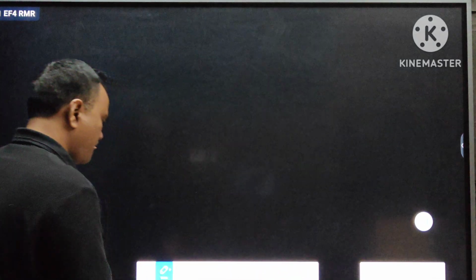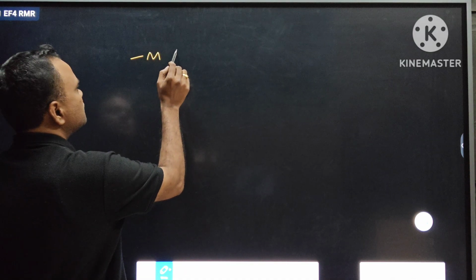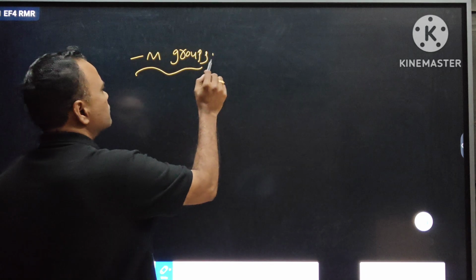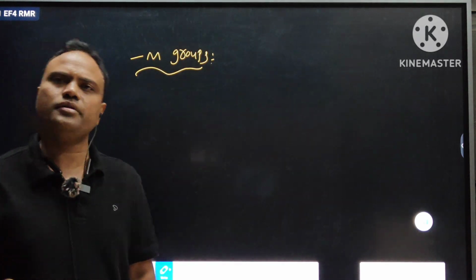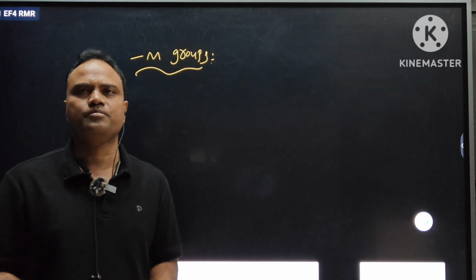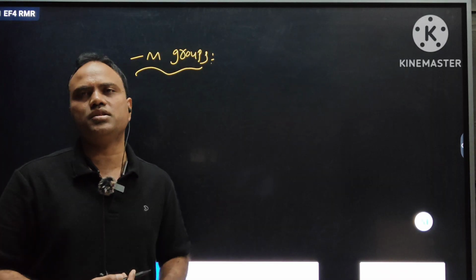Next. Keep heading minus M groups. Minus M groups are electron withdrawing groups. These are also electron withdrawing only. Minus I also electron withdrawing, minus M also electron withdrawing. Minus means withdrawing, plus means donating. But M means withdrawing through resonance.